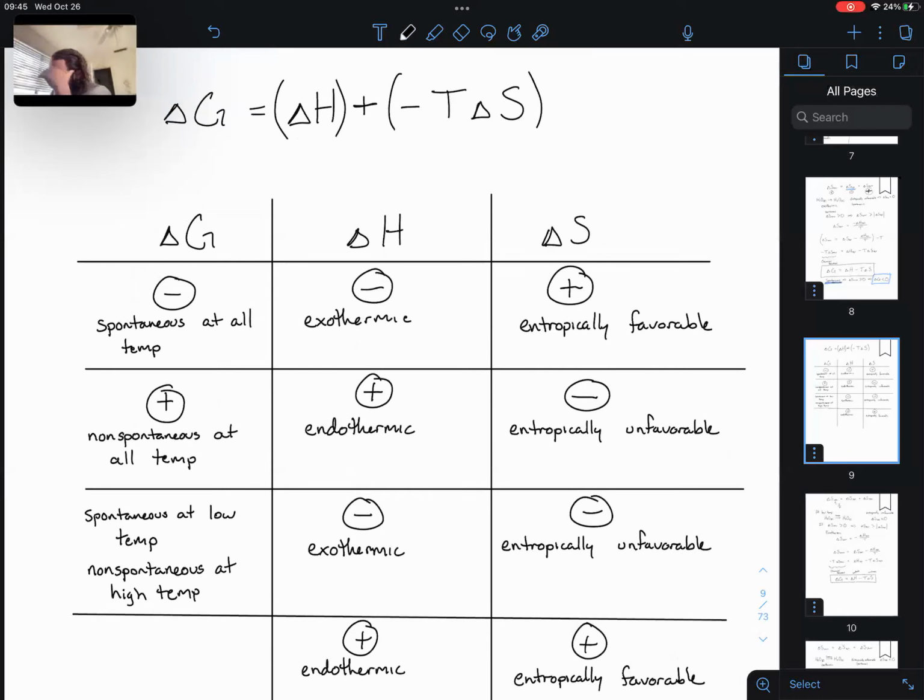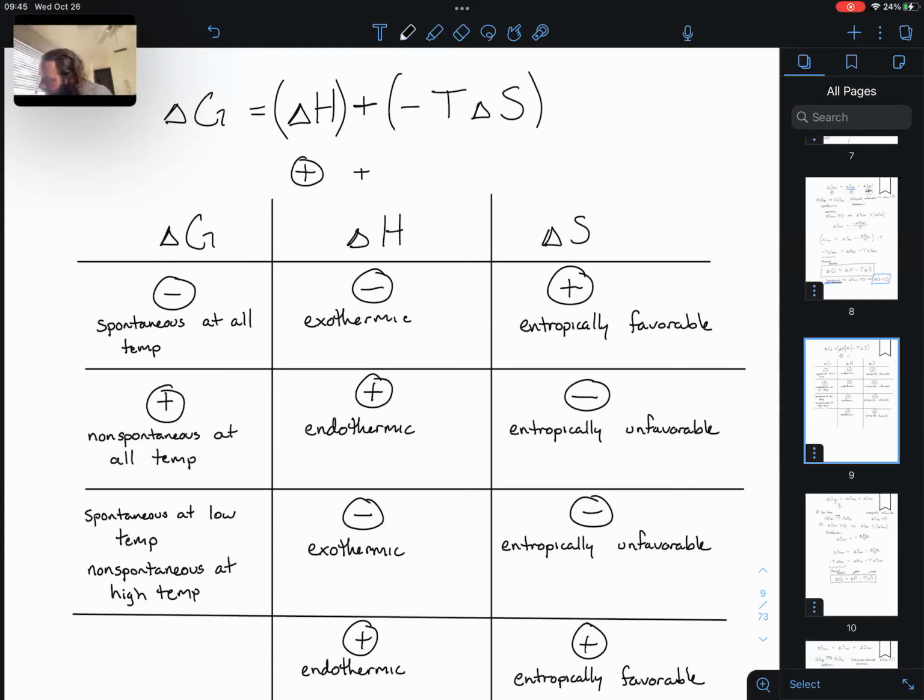Now the enthalpy is saying that this shouldn't happen. It's positive. But my entropy is saying that it should happen because delta S is positive, which means that this term right here will be negative. So again, it's going to depend on the relative size of those two terms.